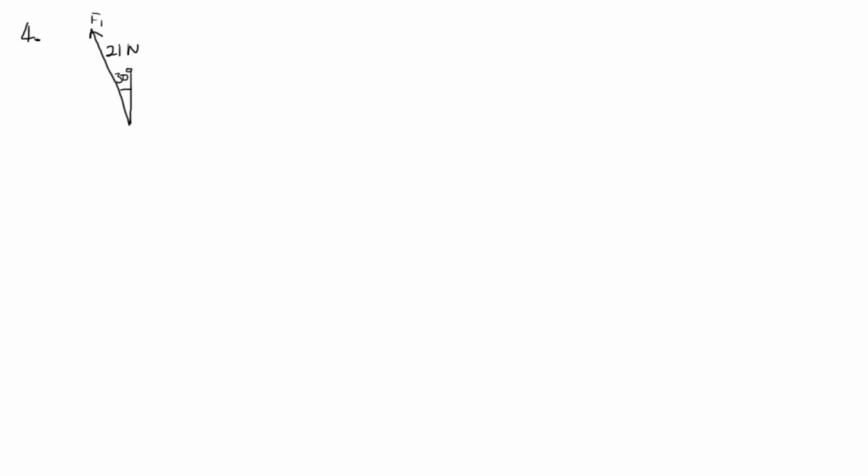So let's start by splitting force 1 into a horizontal component here and a vertical component up here. Now if that angle is 30 degrees there, because this line and this line are parallel, we must have 30 degrees up there as well. So this side here is opposite that angle there. Because it's opposite, we're going to use sine.